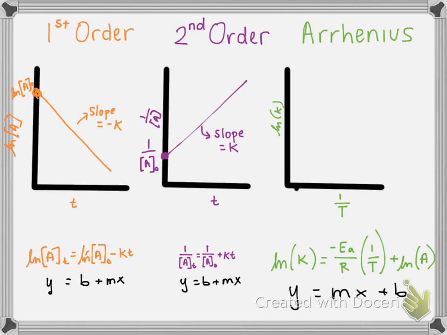Before, we were just using that to be a pretend molecule, but now this A is the Arrhenius factor, and that tells us something about the probability of two molecules colliding and having successful orientation, or successful orientation energy to have a reaction. Okay, and so that's going to be our intercept.